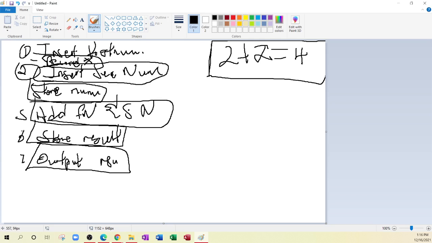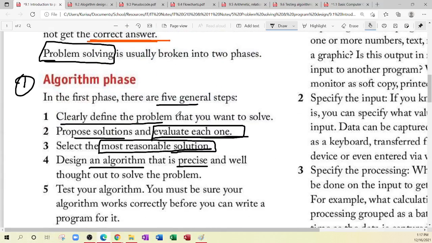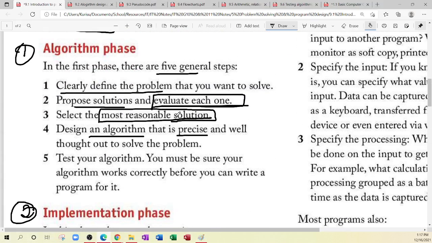So it's one logical step after each other. So that is an algorithm. A series of precise steps that are going to be carried out.